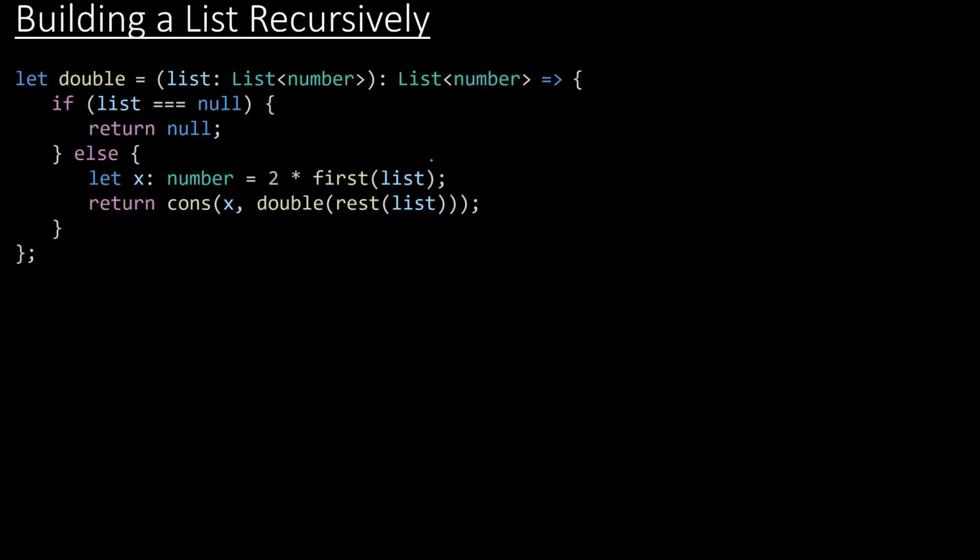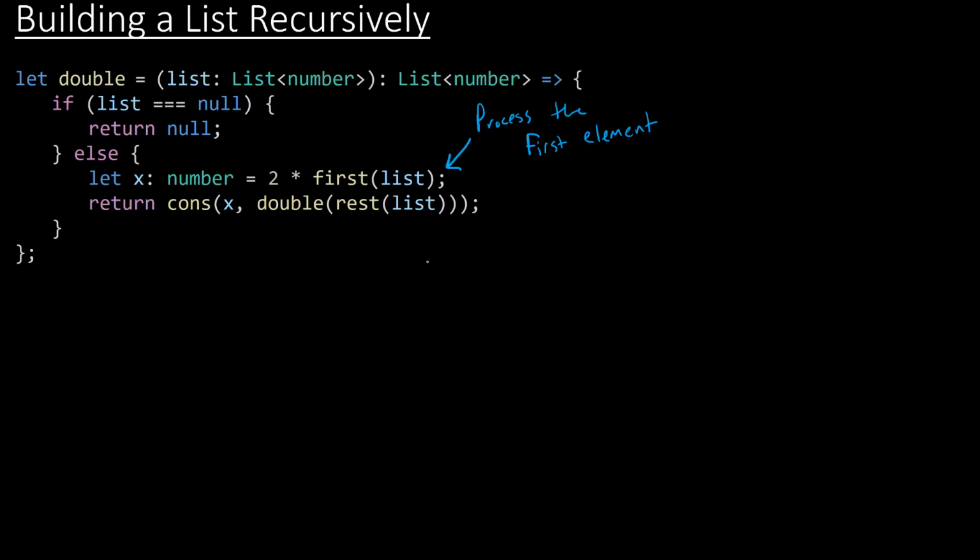Otherwise, the pattern that we use when we're building a list recursively is first do what we want to do to process the first element. Process the first element. And here what we're doing is we are multiplying the first element by 2. So we're saying 2 times the first element of the list will be stored in this variable x.